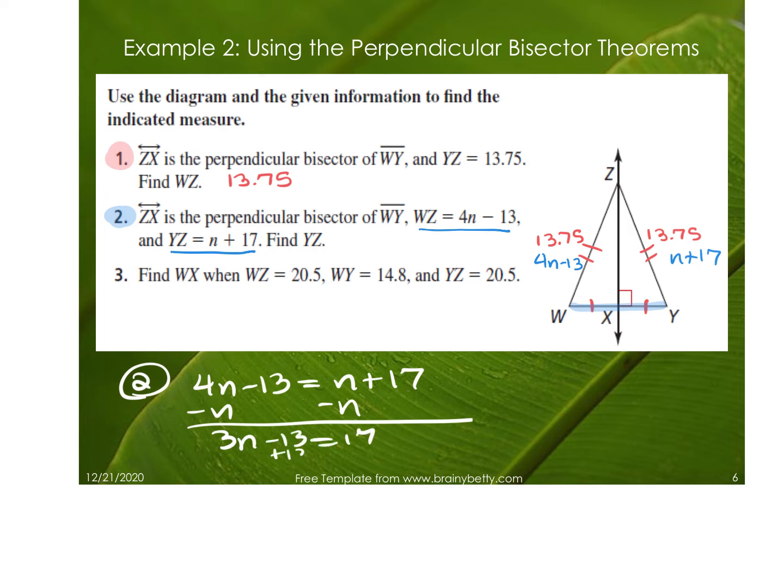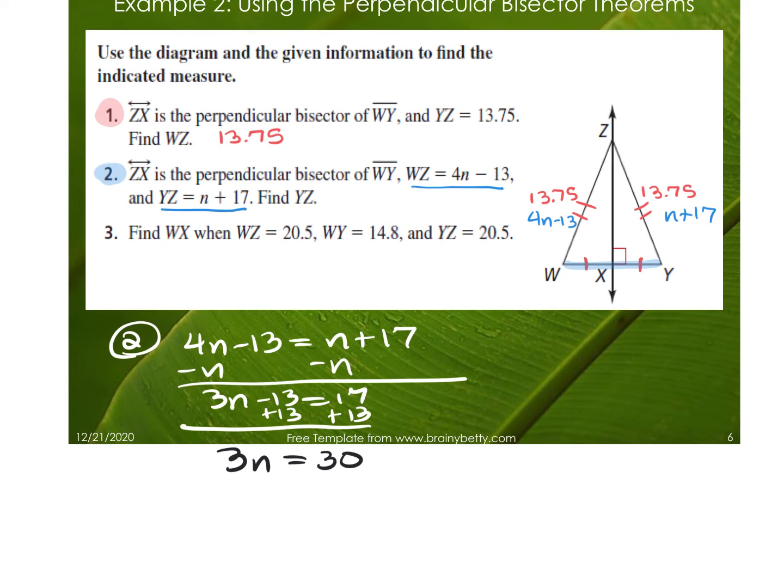I'm going to add 13. And now I get 3n is equal to 30. I'm going to divide by 3. And n equals 10. Now, it didn't ask for n. It asked me to find the length of YZ.